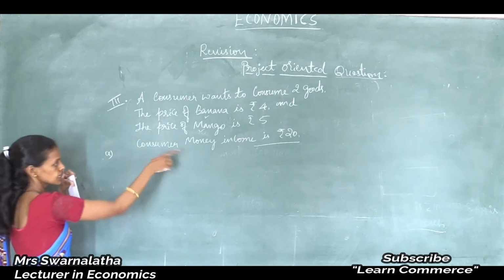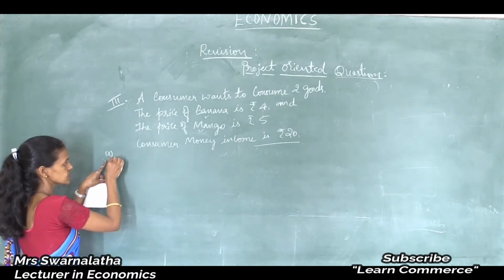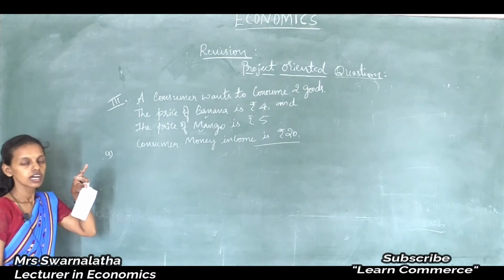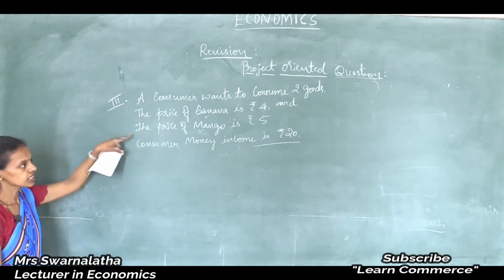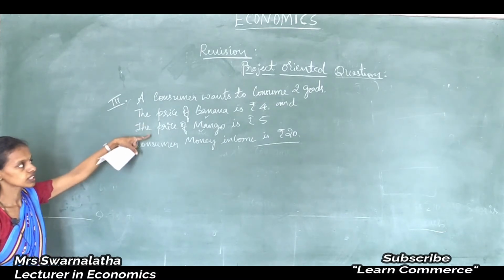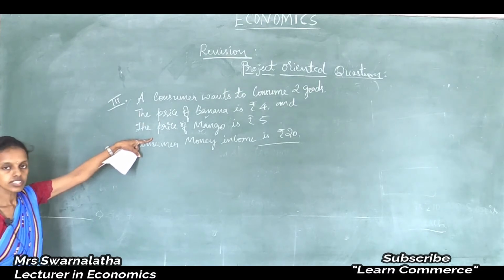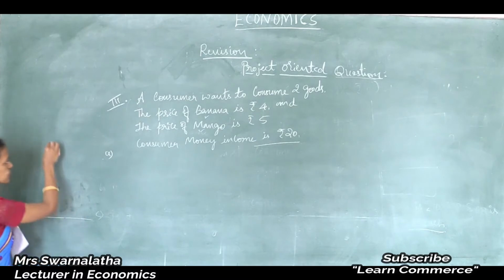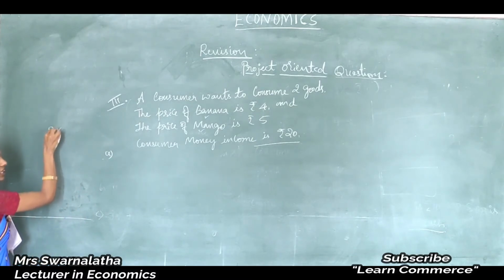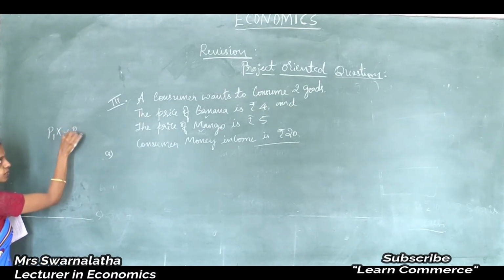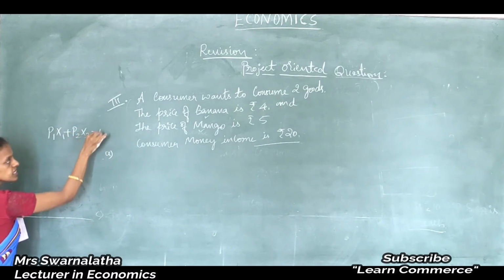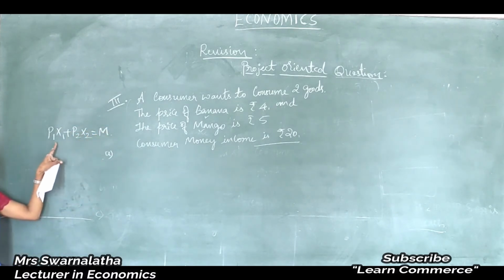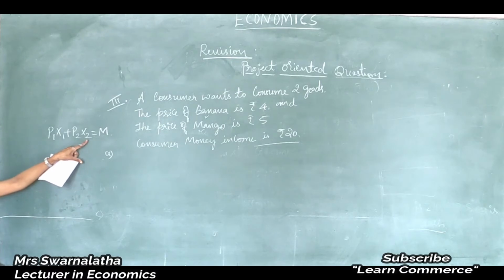See here how to calculate this. As you know that consumer income is very important while consuming the goods and services. So P1 x1 plus P2 x2 is equal to M, means price of the goods X1 and X2, and M means consumer money income.